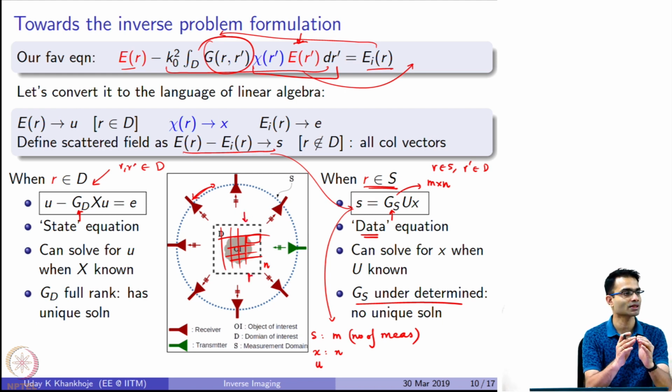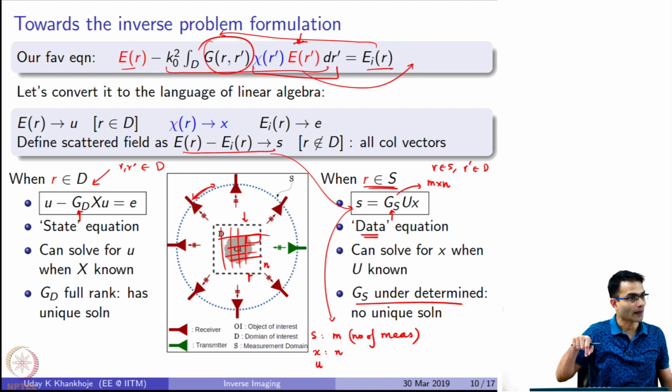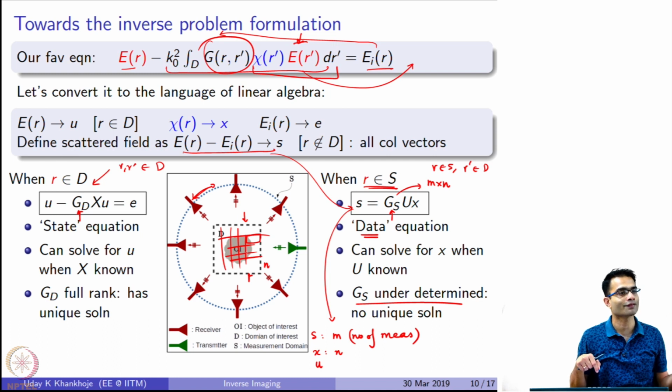So if the object size is fixed, the number of degrees of freedom available in the scattered field is also fixed. So if I put more sensors over there, I am not going to get more information. It is like oversampling a band limited field. Once I have satisfied the Nyquist criterion, will I get more information by sampling finer and finer?